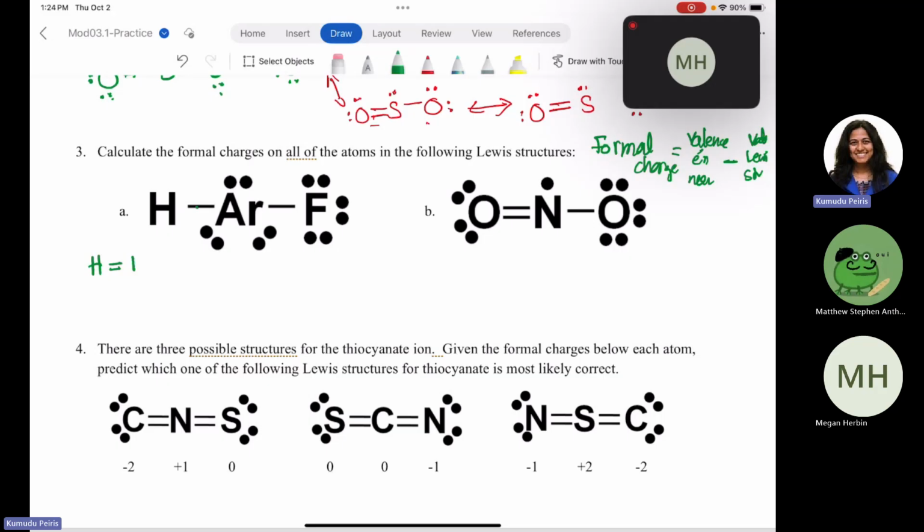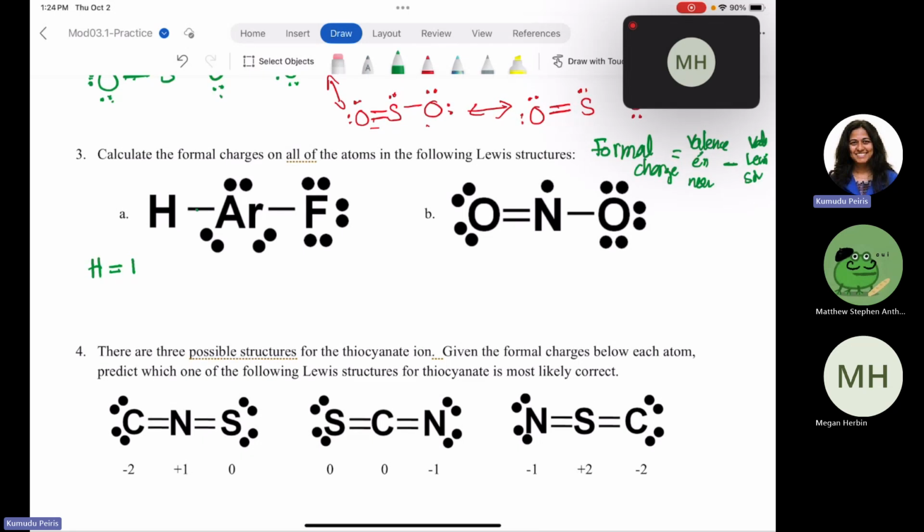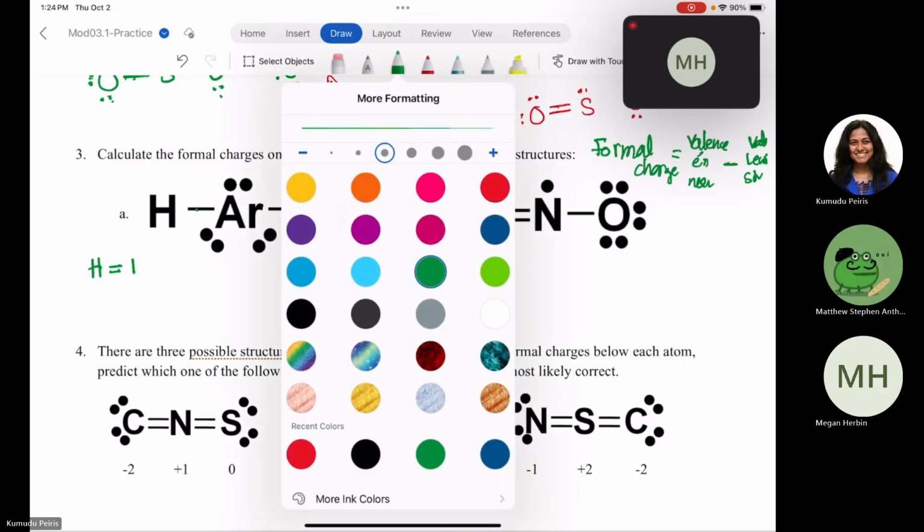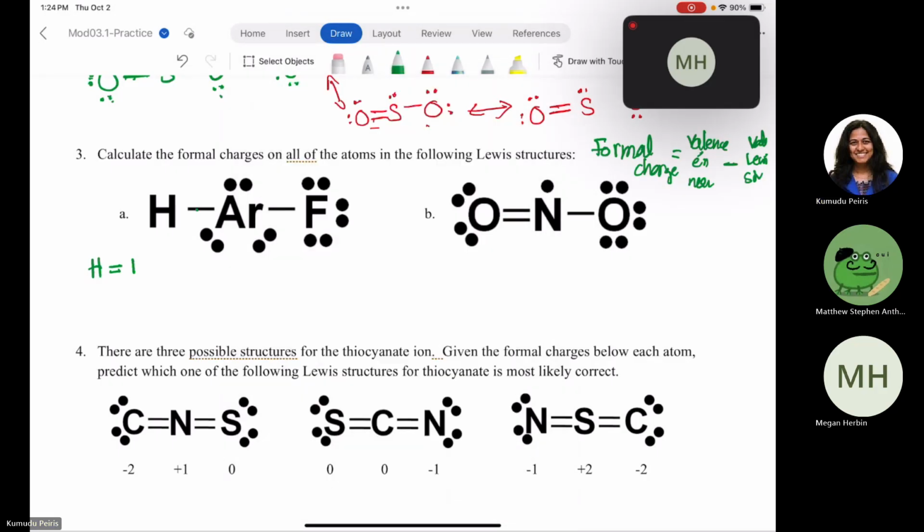But when you are calculating the formal charge, you consider only one electron from each bond, right? So hydrogen has one bond. It made just one bond, so it will take one electron. So 1 minus 1 is 0. So the formal charge of the hydrogen in this case is 0, right?